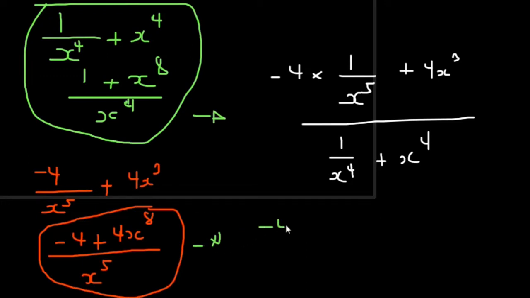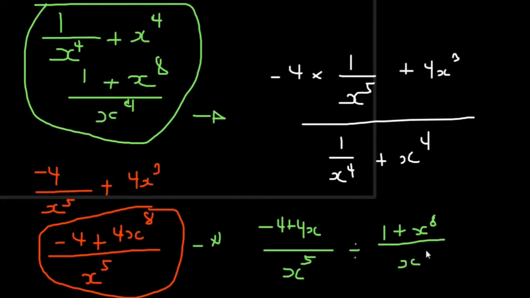So I have minus 4 plus 4x over x to the power 5, divided by 1 plus x to the power 8 over x to the power 4. So this is what I have now. It's the same as this expression, just that instead of writing this sign, I use the division.